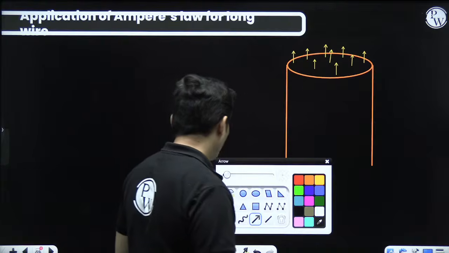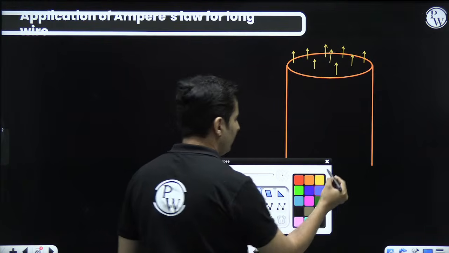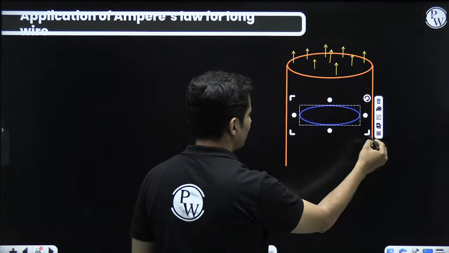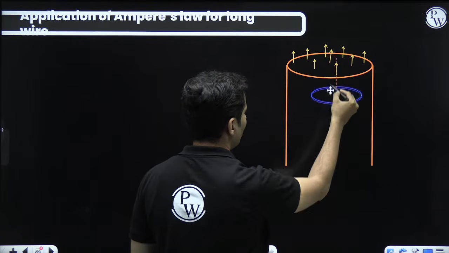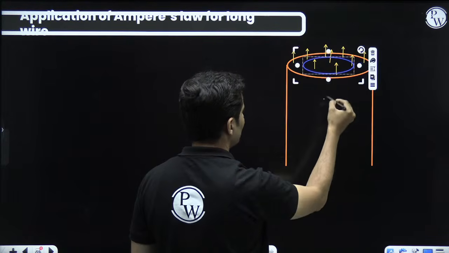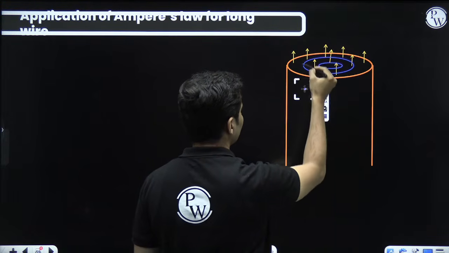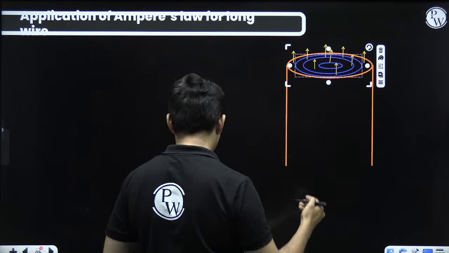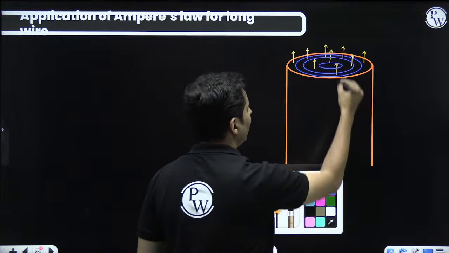Great. So if I happen to choose any point inside, I will probably find magnetic field lines like this, concentric circles. This is how the magnetic field lines are probably going to look.